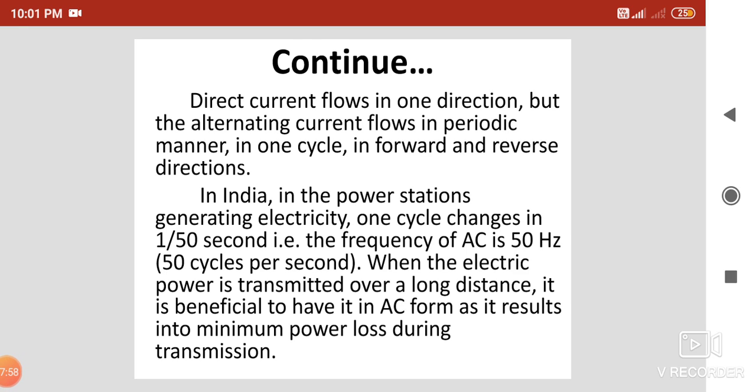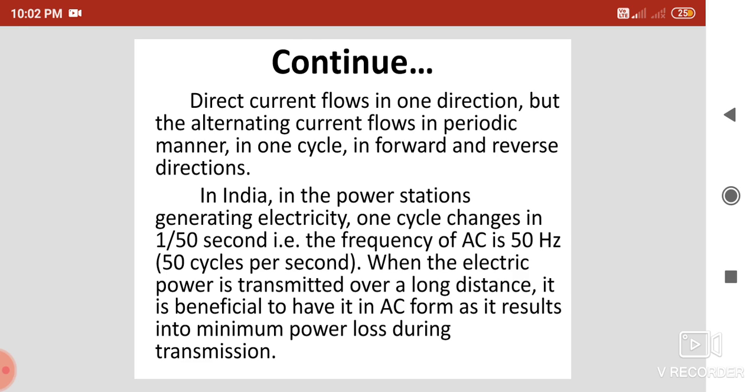Direct current flows in one direction, but alternating current flows in a periodic manner, in one cycle flowing in forward and reverse direction. In India, the electricity generated by power stations is AC current, and one cycle changes in 1 upon 50th of a second.